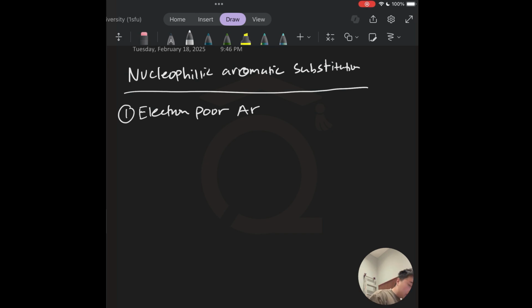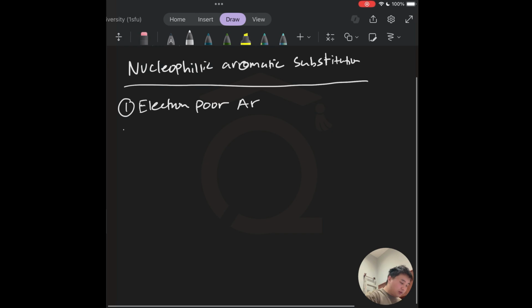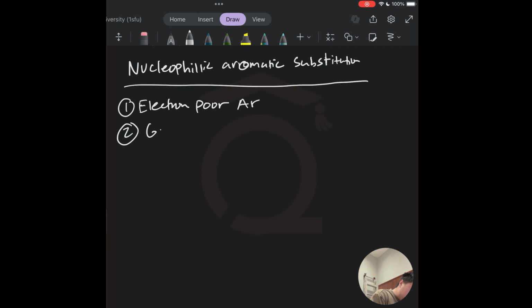Secondly, you need a good leaving group, okay? And thirdly, you need a nucleophile. For NAS to work, you need these three things: an electron poor aromatic ring with some kind of electron withdrawing group on it, a good leaving group on the ring, and then a nucleophile to displace, okay?